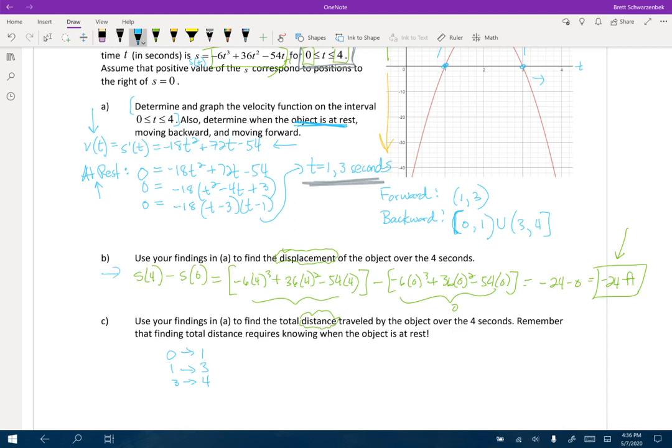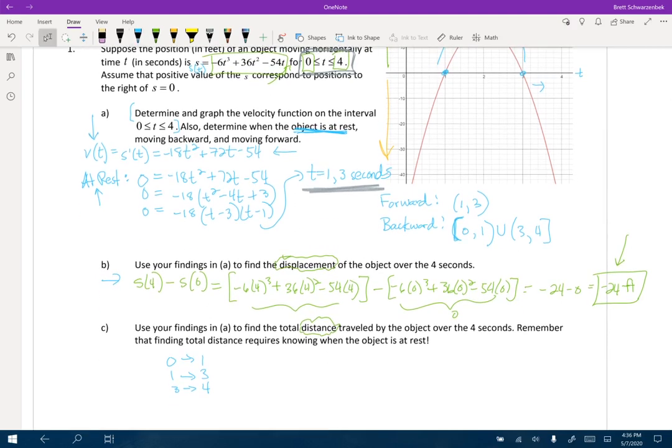So how do I know where I am from 0 to 1 second? I have to do s of 1 minus s of 0. How do I know where I am from 1 to 3 seconds? I need to do s of 3 minus s of 1. What's the position difference between 3 and 4 seconds?